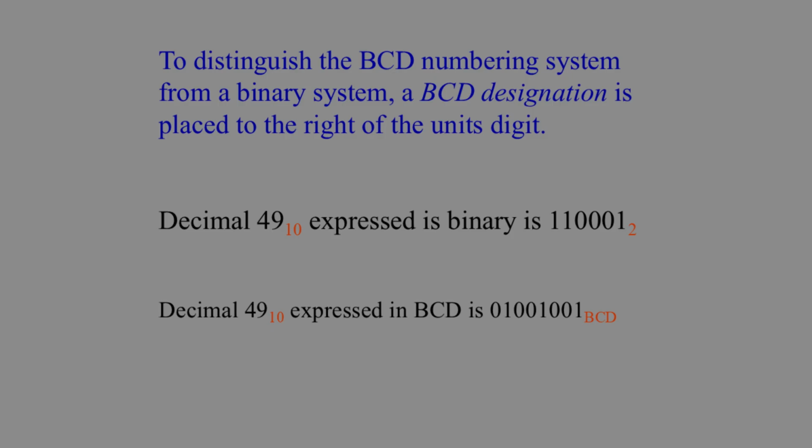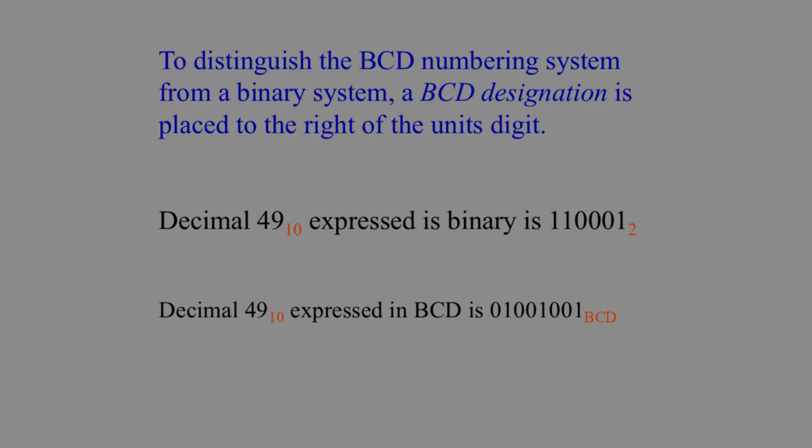To make the difference clear, we use a subscript to indicate the system. Binary represents the whole number as a continuous string of bits, while BCD keeps each decimal digit separate. The trade-off is that BCD is less efficient than binary. It requires more storage, but the advantage is its readability and its ease of conversion back to decimal.